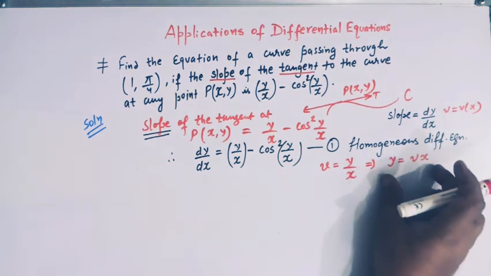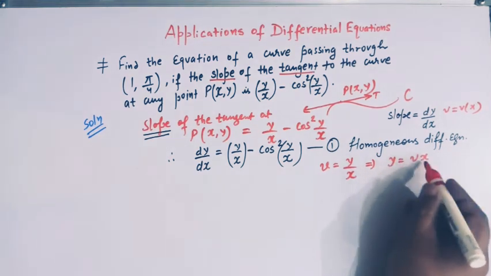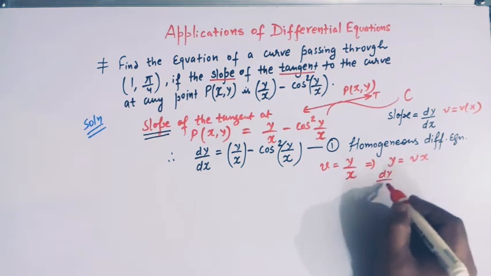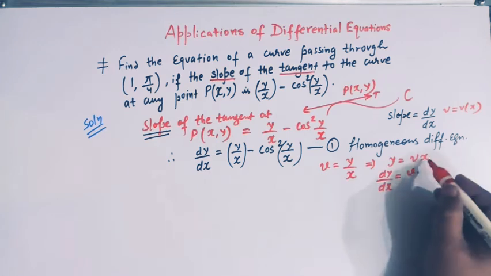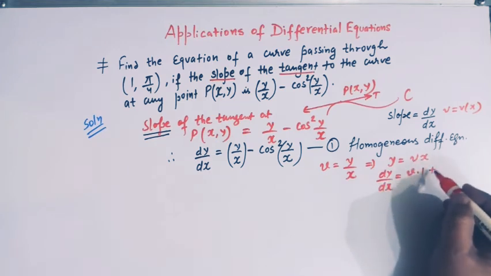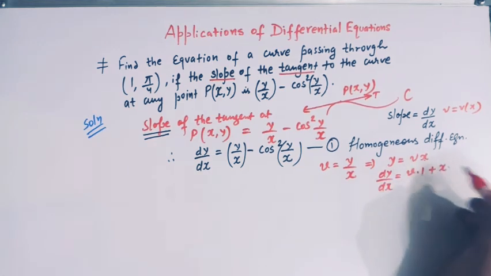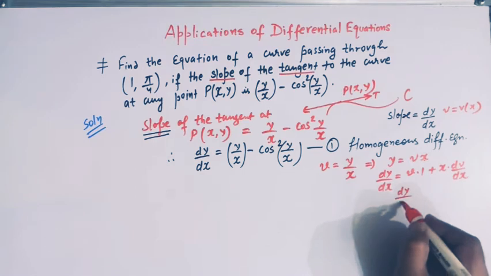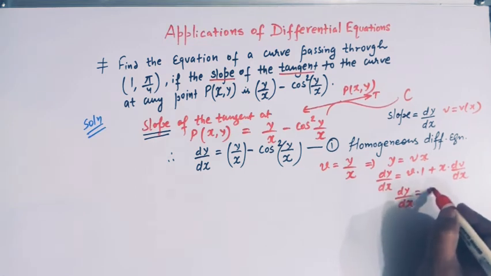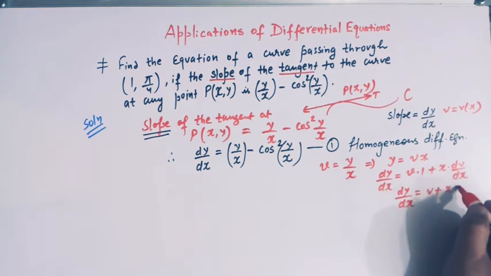Now differentiating both sides, we can write dy over dx is equal to v times derivative of x is 1, and then we have x times dv over dx. So dy over dx can be written as v plus x dv over dx.